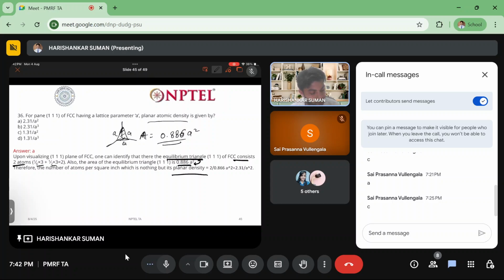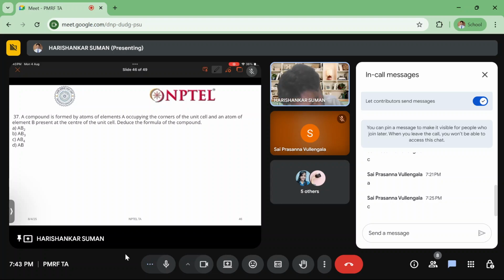And now you can find the density: 2 atoms divided by the area. You will find the answer, which is A.